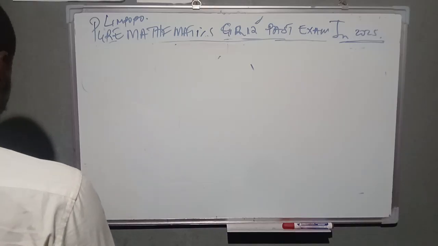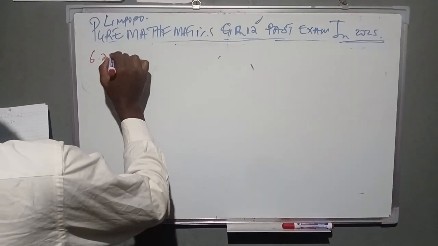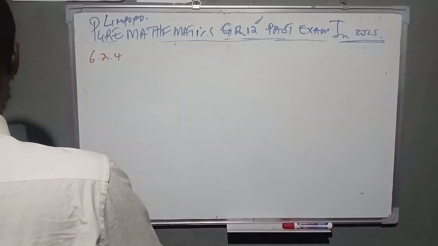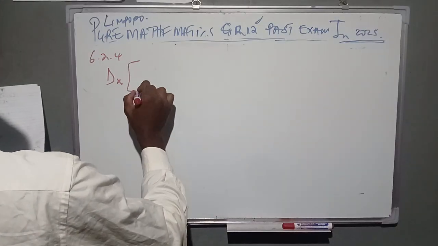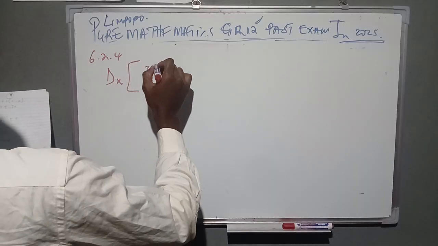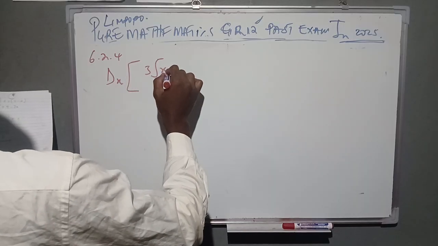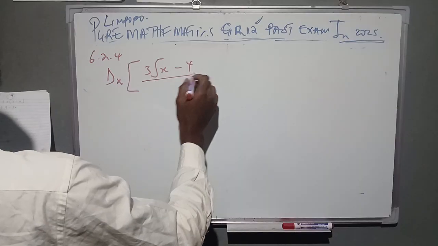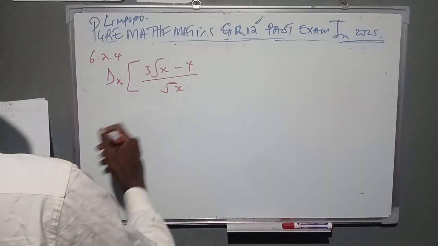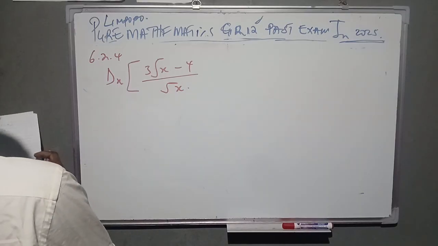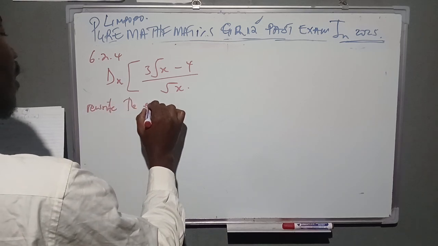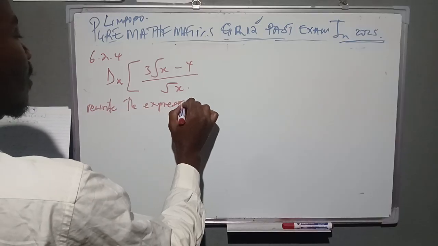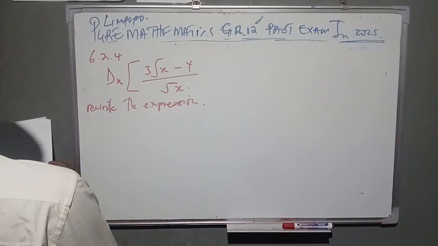Right? Then still on question 6, we are going to 6.24. So 6.24 was given as 3 root x minus 4 over root x, like that. So let's rewrite the expression.